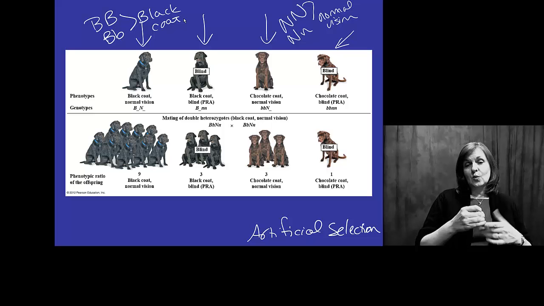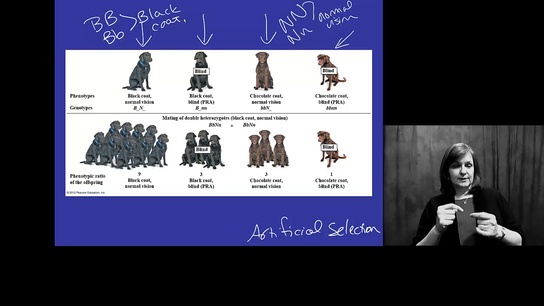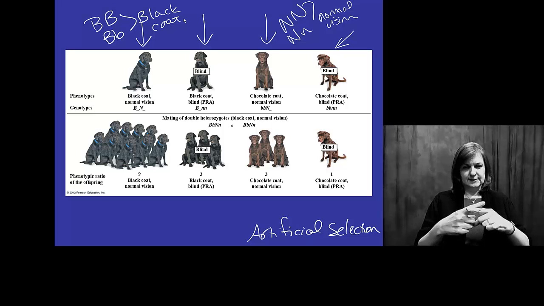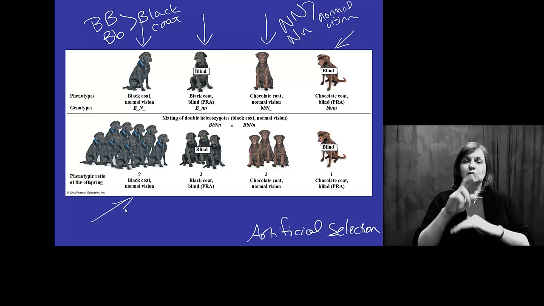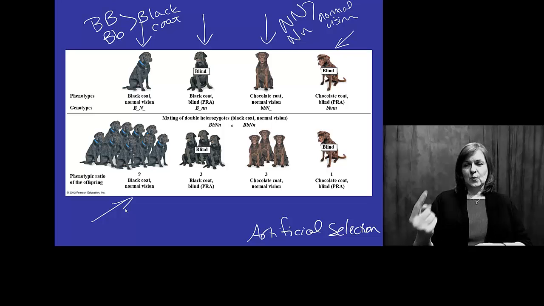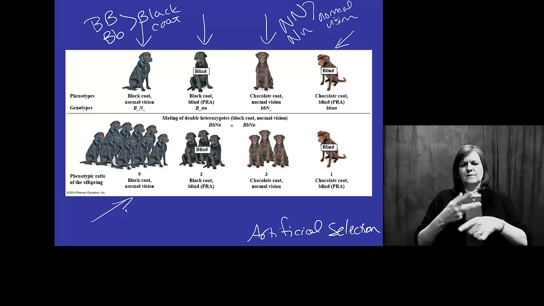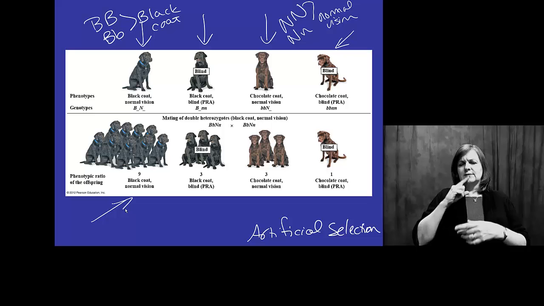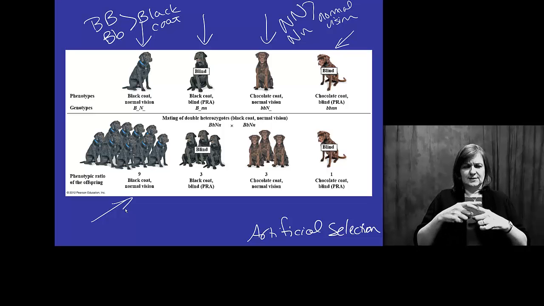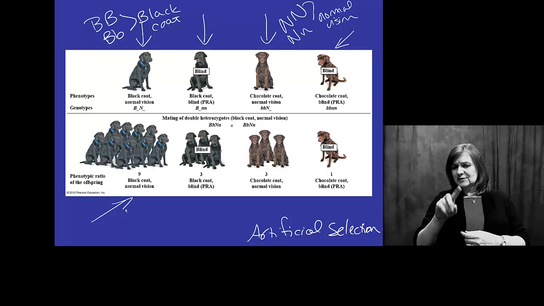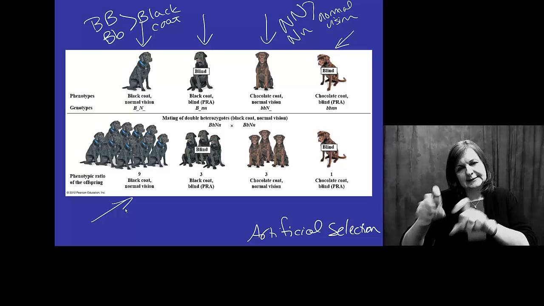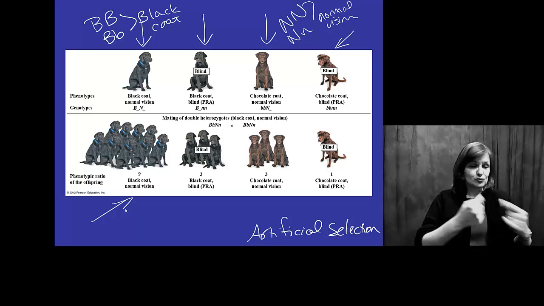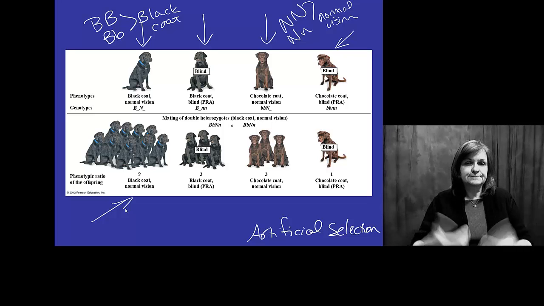Okay, so what he started to do was cross these dogs and think about how he could get a phenotypic ratio of 9:3:1 so that he would know what the original dog was, whether or not the original dogs in the cross were heterozygotes or homozygotes. Today we do this with genetic testing, but for many, many years it was trial and error.